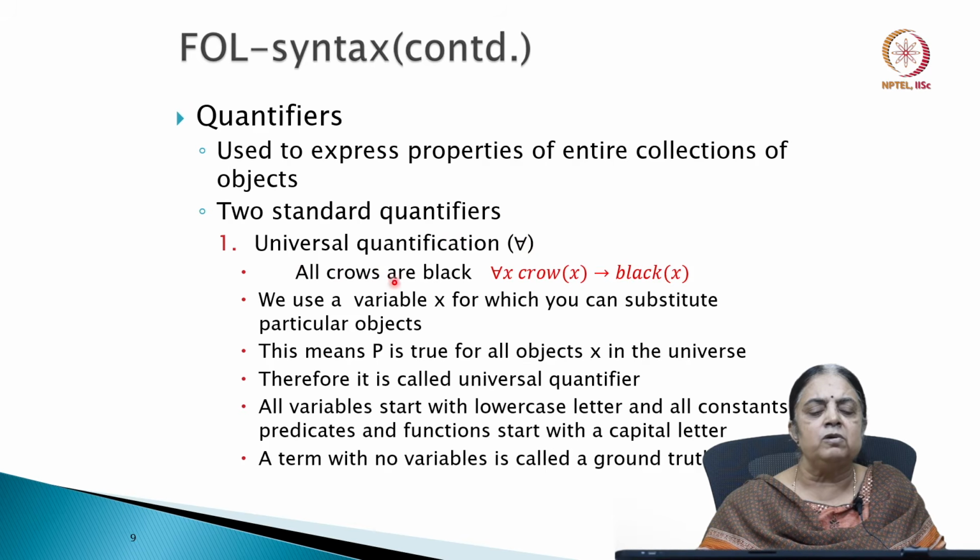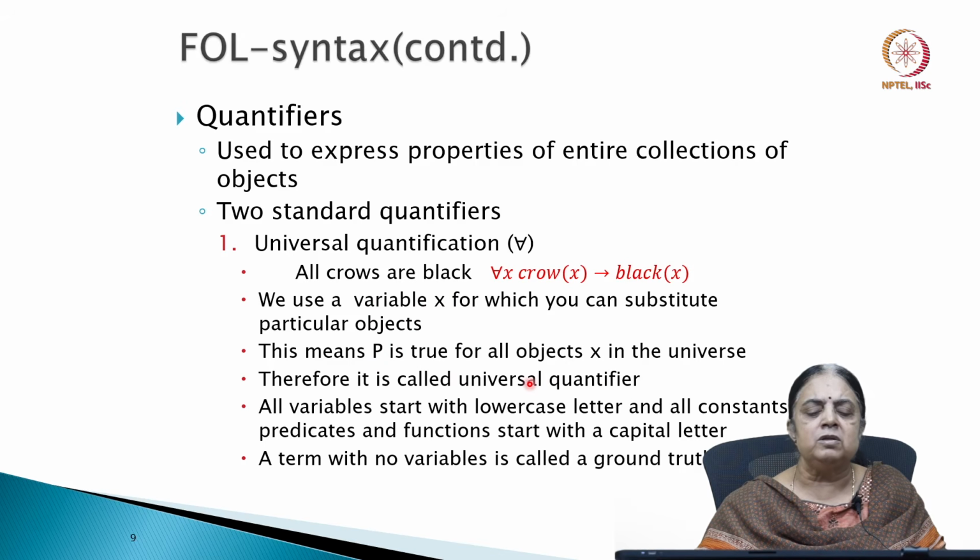So when you say all crows are black, say for all x, where x is a variable which you are using, crow(x) implies black(x), which means for all x, if it is a crow, then its color is black. So for variables we use small letters, and for other things we use capital letters.